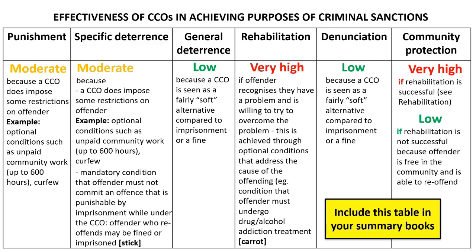However, if the community correction order is not successful in rehabilitating the offender, then it will not be very effective at achieving the purpose of community protection. This is because a community correction order is a non-custodial sentence, and so the offender is free in the community where they're able to reoffend.